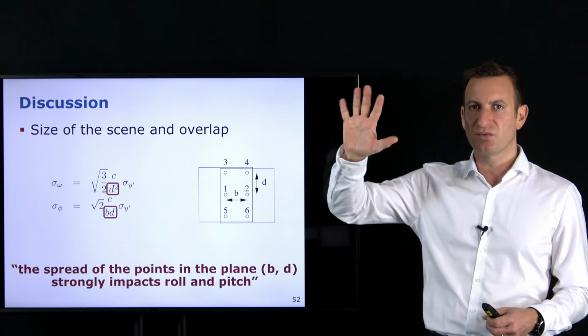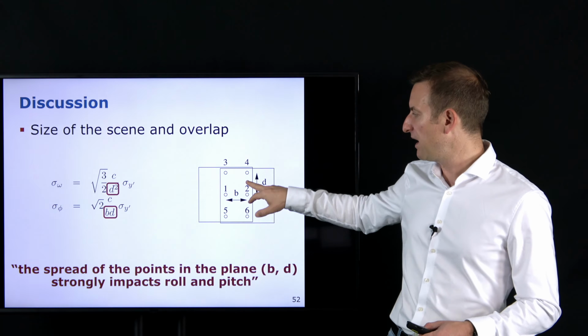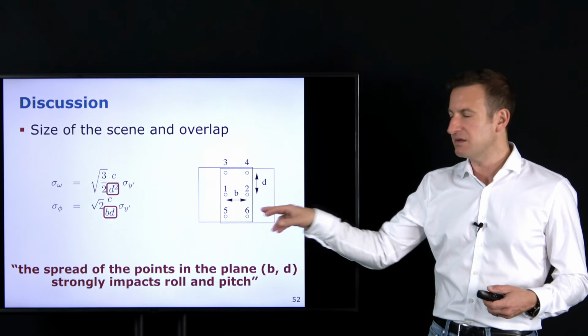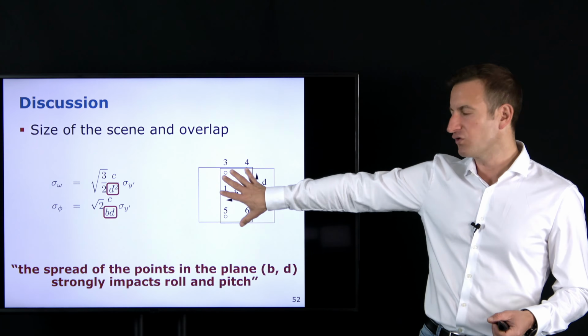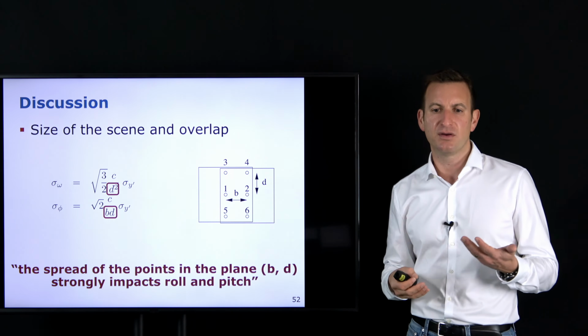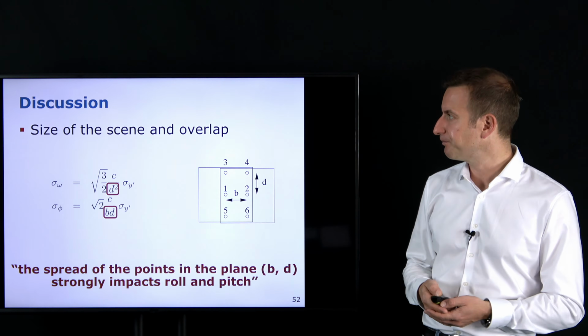As a reminder, this was the roll angle of the camera and the pitch angle of the camera, which obviously depends on how those points are spread, and it's actually a quadratic dependency. So the more you spread those points, the more precisely you will be able to pinpoint or find the correct roll and pitch angle.